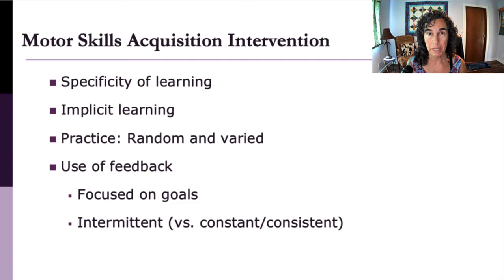It stops impacting the client because you're saying it all the time. So we want to have intermittent feedback after a particularly good trial. After a number of trials, we might say you're working really hard, even if they're totally bombing on the throwing, right? But it's not constant and not consistent over the trials. All right, I won't belabor that anymore. I think it's really a very interesting thing, though.